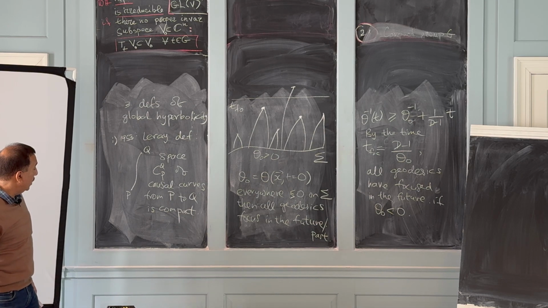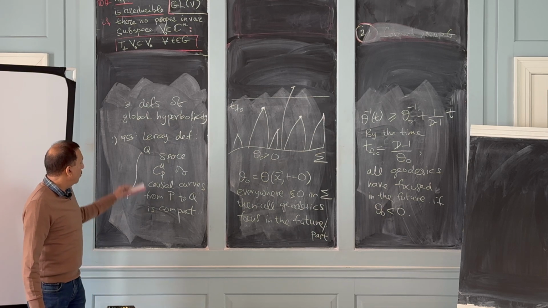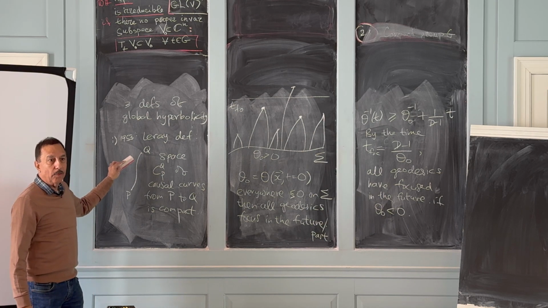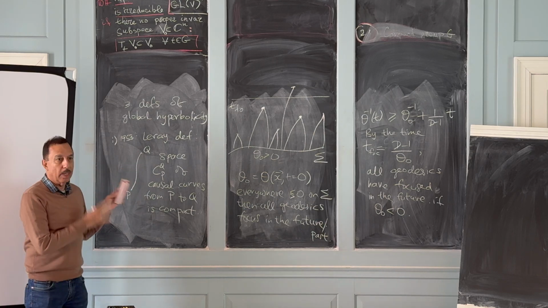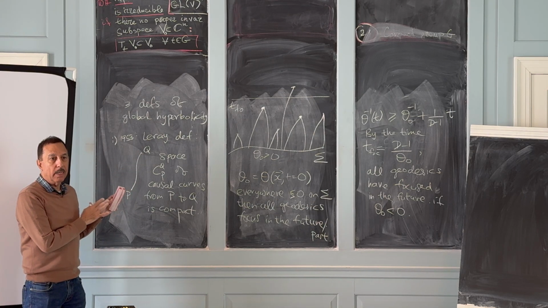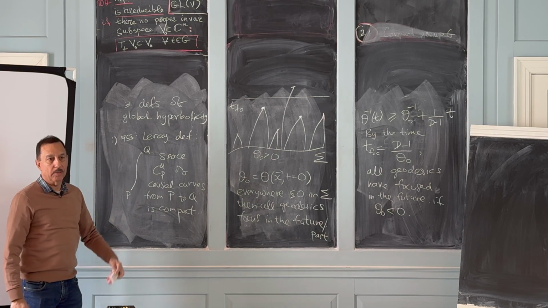In a topology where the open sets are found by looking at the open sets of the manifold and then looking at all curves that are from P to Q that fit in one particular open set, and then saying that set of curves is an open set in the space of curves.